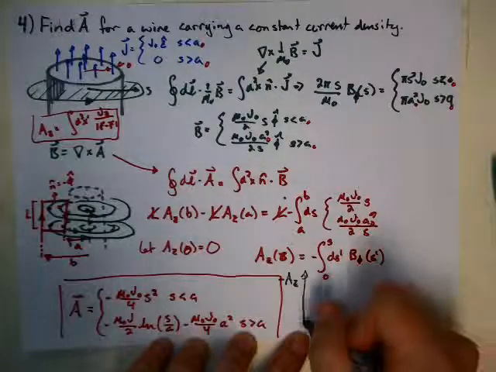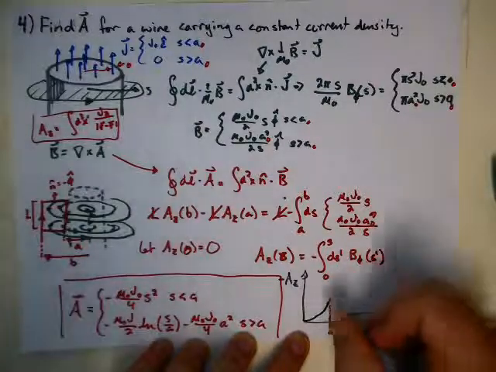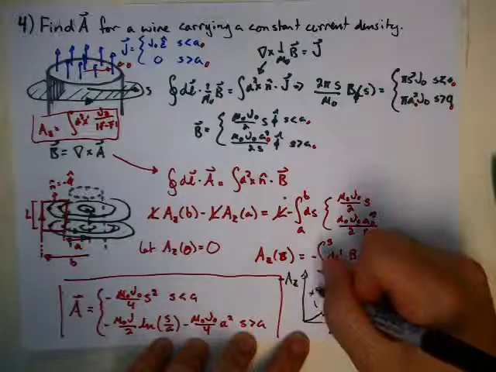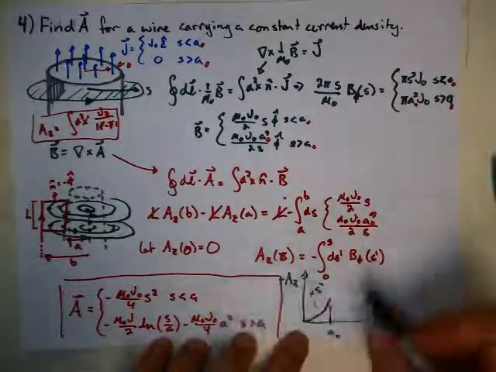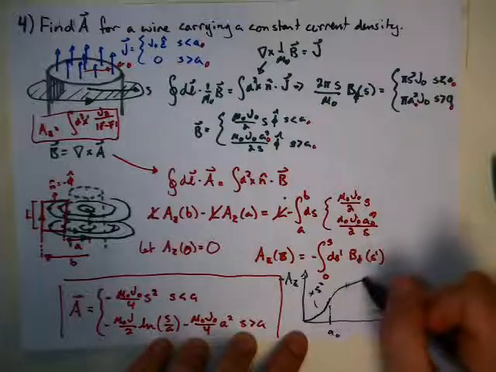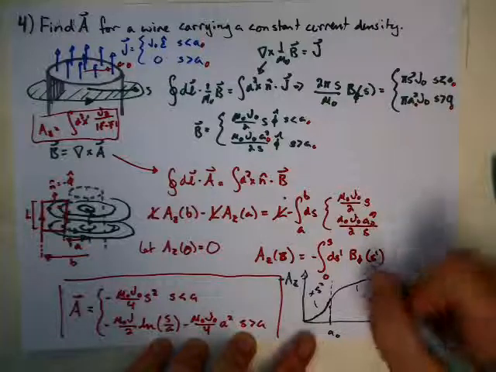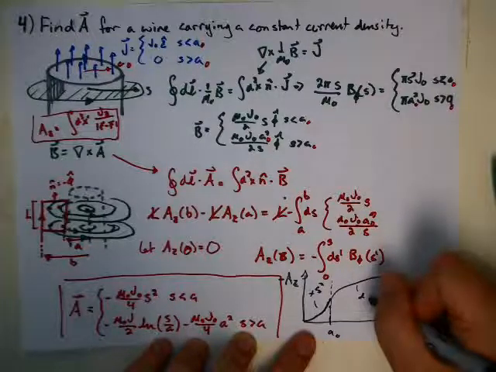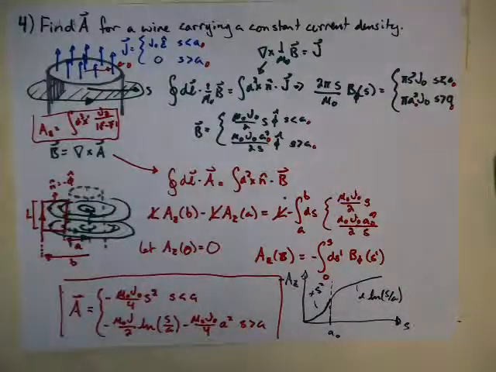This starts off as a power. It's going to grow proportional to s squared, so it's going to grow like a parabola. And then at this point, it turns logarithmic, and it's going to grow like a logarithm, proportional to log of s over a. And that's it.